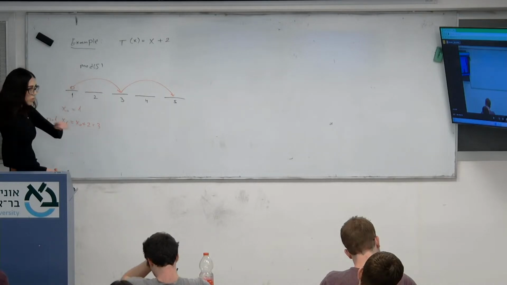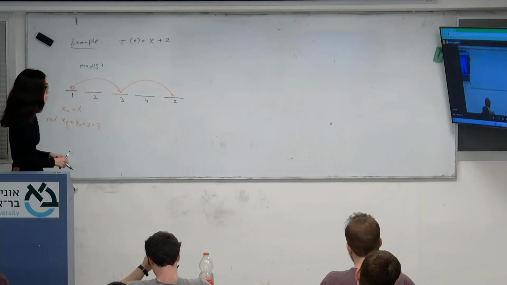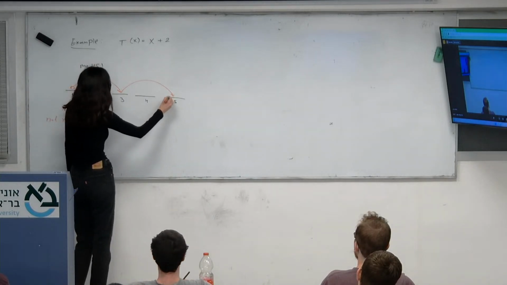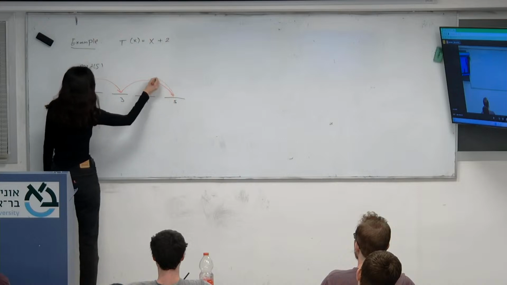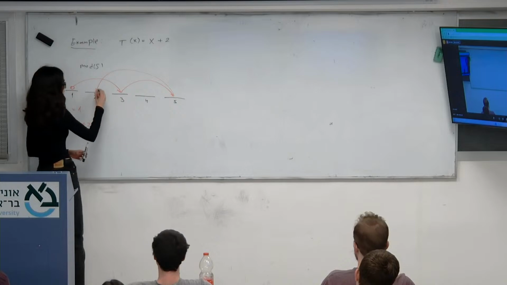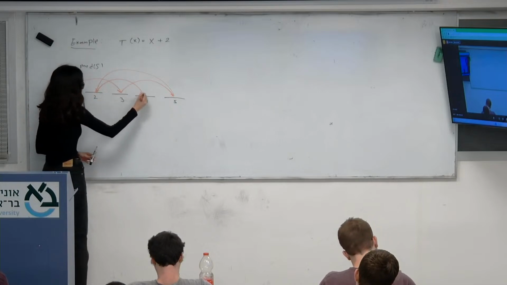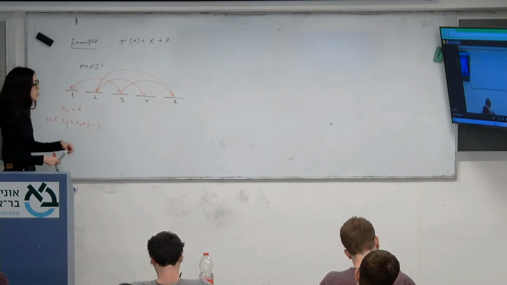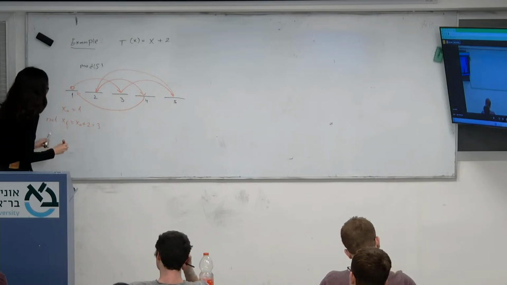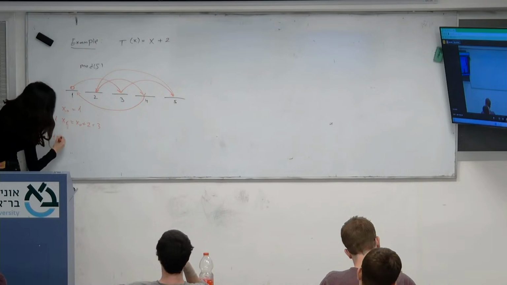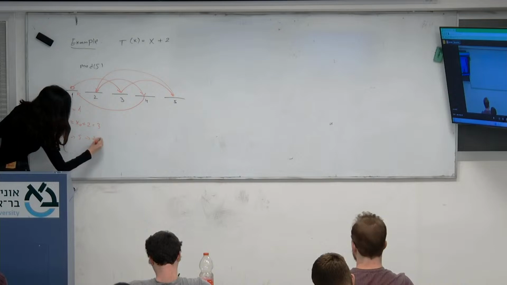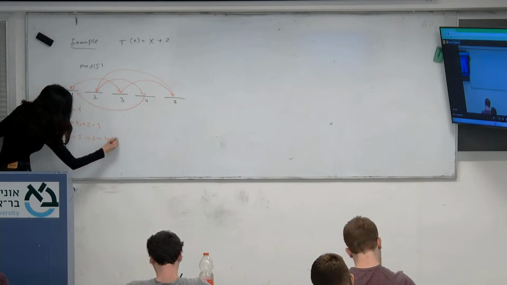And because it's modular, we have a periodic boundary condition. So at n equal 3, it's going to jump from 5 to 2, and then from 2 to 4, and then from 4 to 1. So we have 1, go to 3, go to 5, 2, 4, 1.